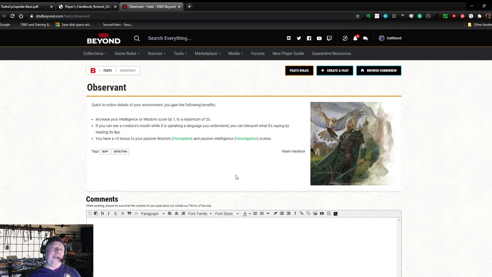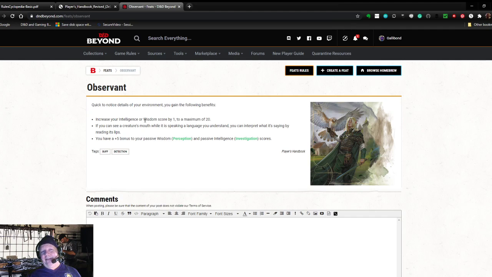This is one of those examples where they took things that had been around and had been very, very specific, and they brought them back in 5th edition, and made them a little bit more useful universally. I mean, that perception check and the investigation check come in handy so many more times than a simple read lips ability does.